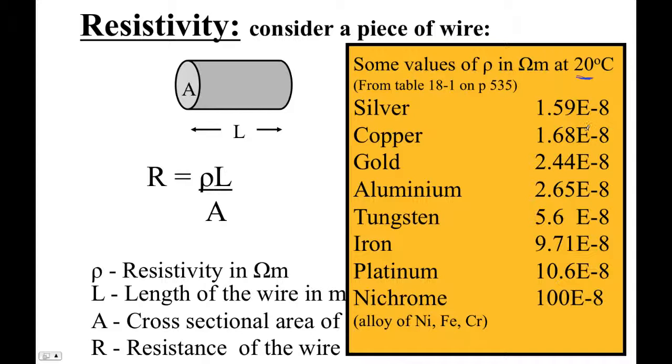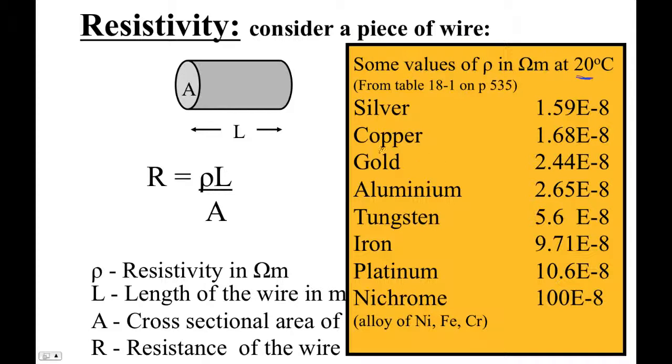But anyway, you can look at these things, and good conductors have a small resistivity. So this is like the opposite of conductivity. Notice that silver is the very best conductor. Copper is better than gold, which is interesting.